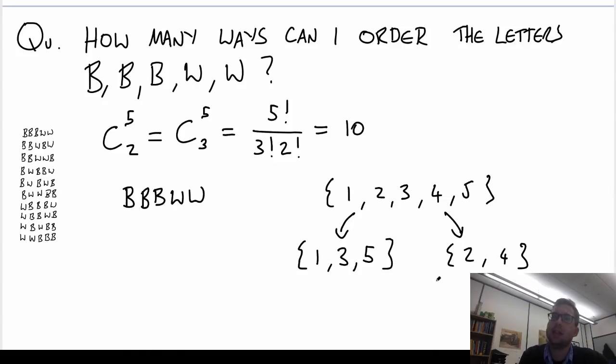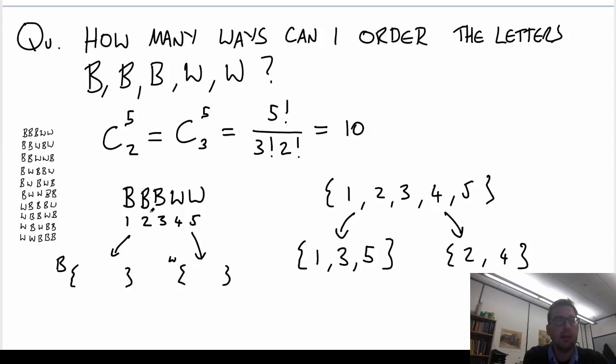And that seems a bit different to this number of ways of reordering B, B, B, W, W. But actually it really isn't. They're actually the same thing. Notice in this I've got an order: my first digit, my second digit, my third digit, my 4th digit, and my 5th digit. And what we've done is I've said I've got a bucket here consisting of B letters, and a bucket here consisting of W letters.